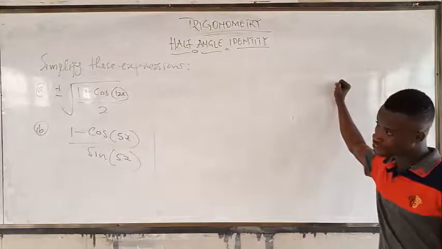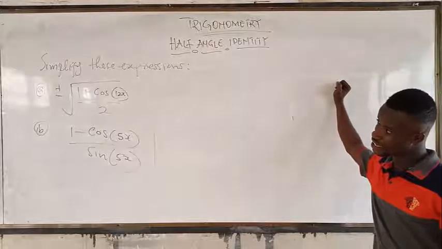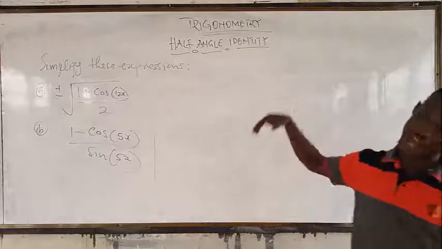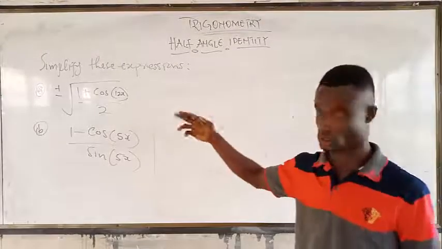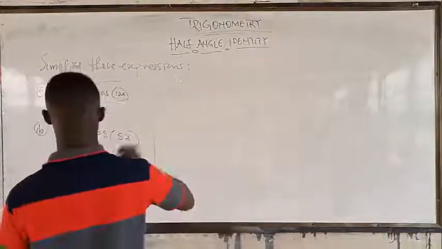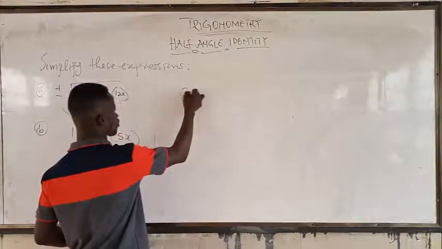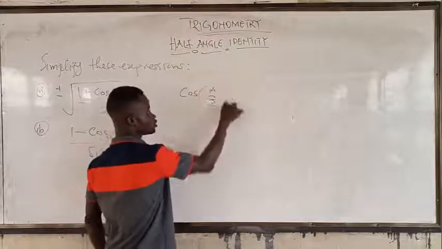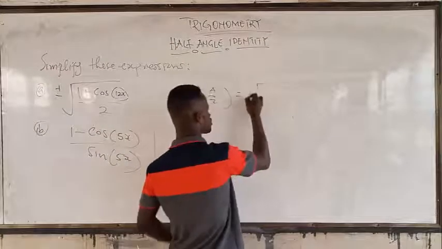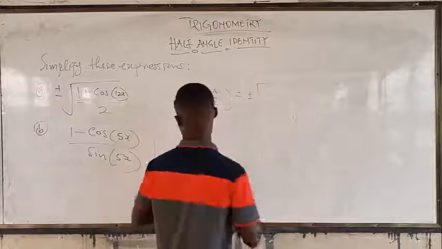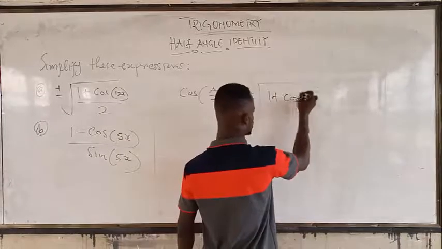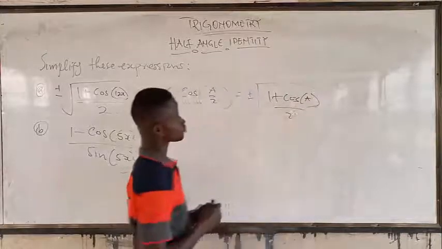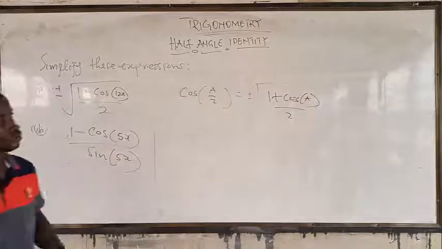So you can see that the A is an identity for a right-hand side of a function. Because we know that cos A over 2 is plus or minus the square root of 1 plus cos A over 2.